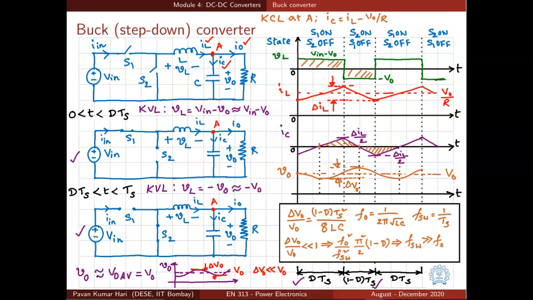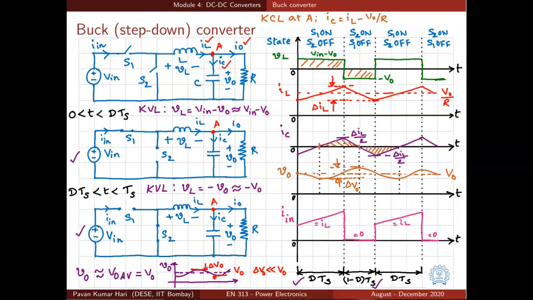We have looked at the output voltage waveform and its average value. Now we will also be interested in the input current waveform, because ideally we want to draw a DC current which is constant, and we want to produce a DC output voltage which is also constant. So if you look at the input current, that means the current drawn from the source, how does it look like?